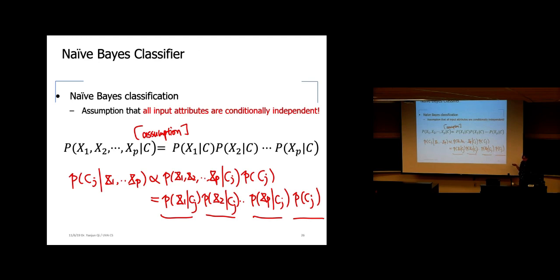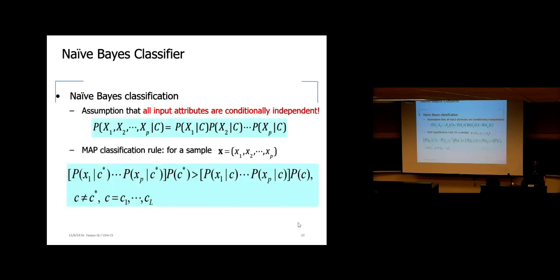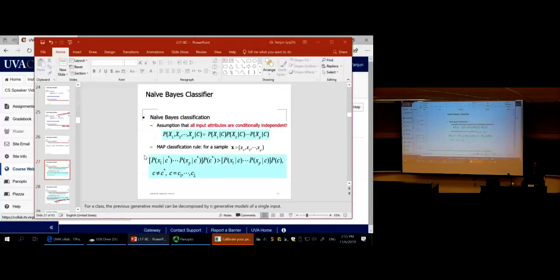Going back to the current table, how many parameters do I need to estimate from the training data for this? How many for this? How many for this? And this is the same thing, still P of yes and P of no. Let me add a page, because I think it's important.